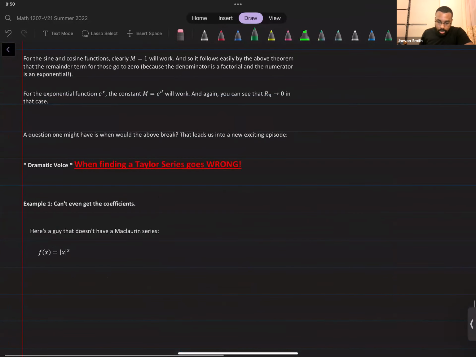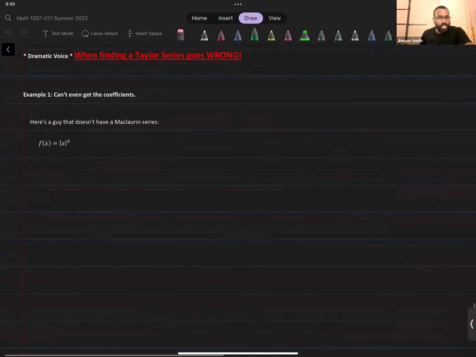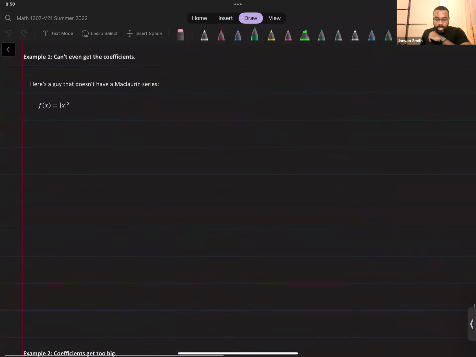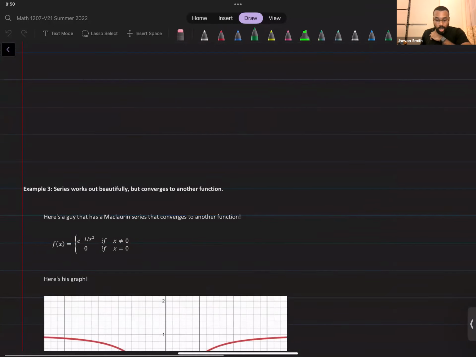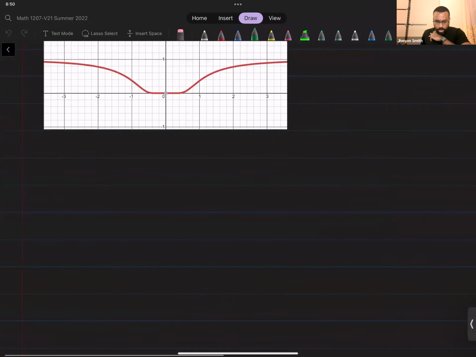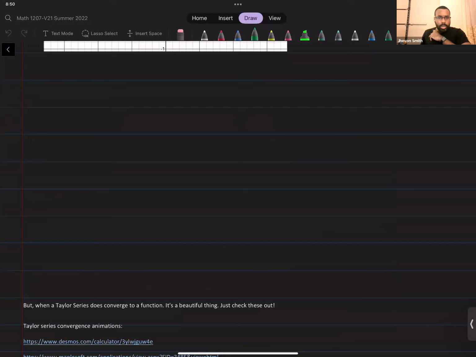I have some examples here of when Taylor series goes wrong. A little bit dramatic. But these are some examples of functions that won't work out to have a Taylor series. I guess I can talk about them a little later on.